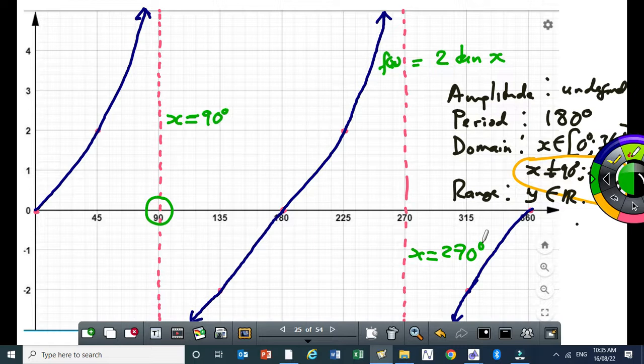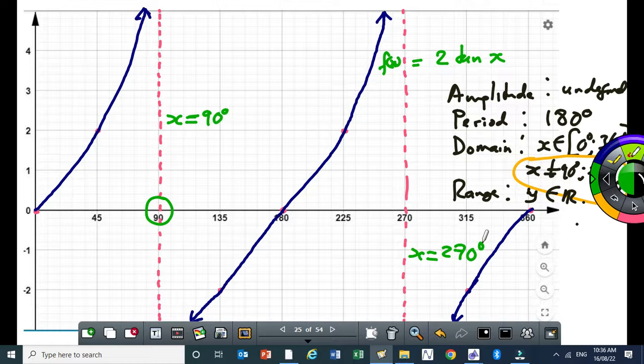Now going forward, all the graphs we drew for tan, make sure you also add the equations of the asymptotes. It will always be the first asymptote passing through where x is 90, the second one where x is 270.